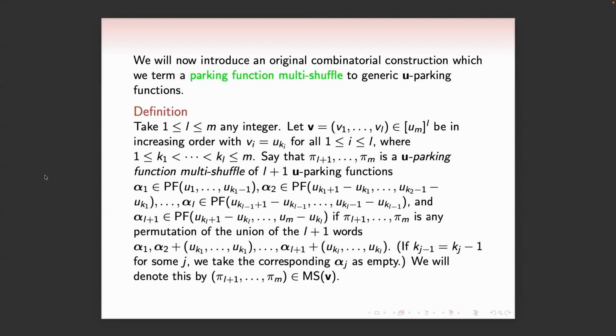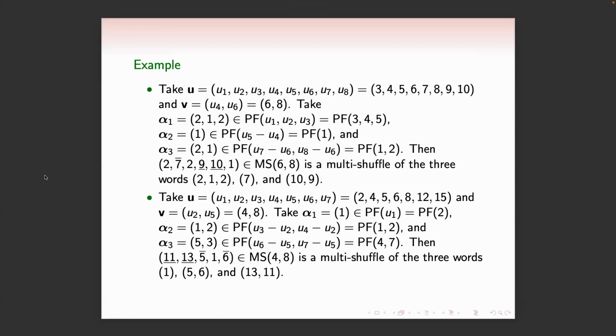So let's look at an example of this. So here is an example. I know my new vector is 3, 4, 5, 6, 7, 8, 9, 10. And then I want to fix 2 preferences at 6 and 8.